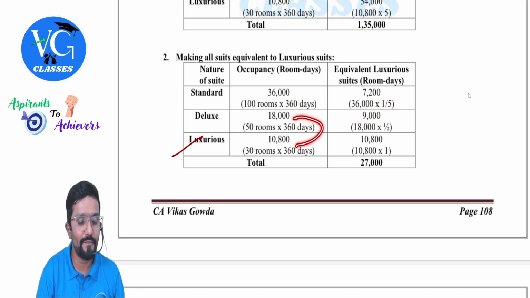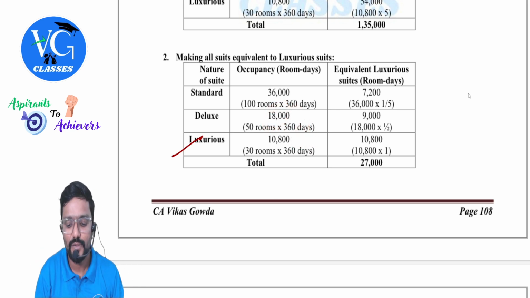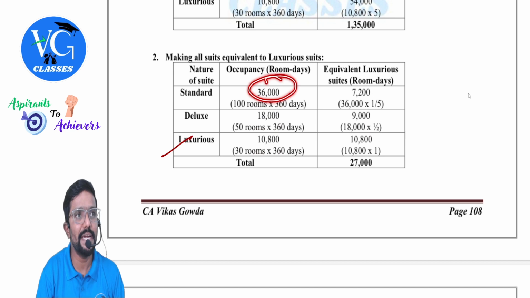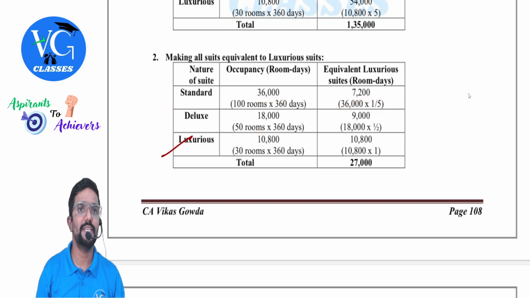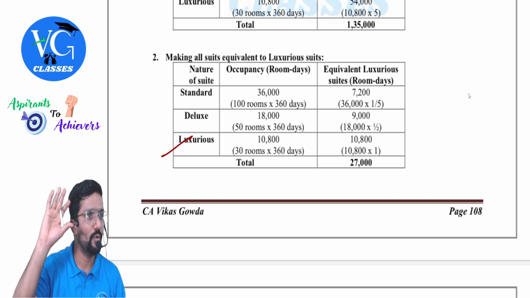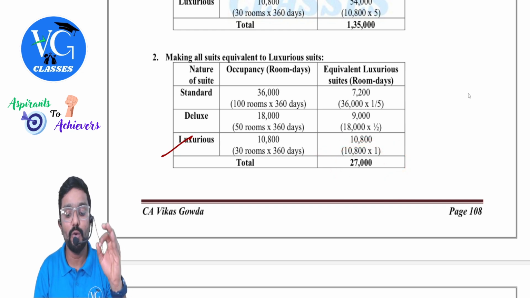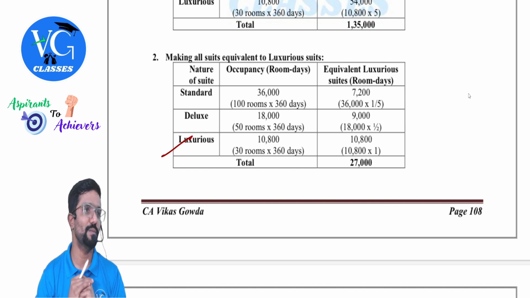This is twice of this, that means this is half of this, the reverse. So I took 18,000 deluxe room days into half. Same way, 36,000 standard room days. Luxurious is equal to how many standard? 5. So divide it by 5. So now 27,000 is the equivalent luxurious room days.